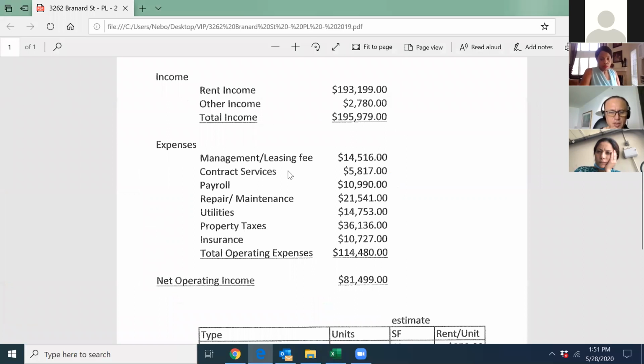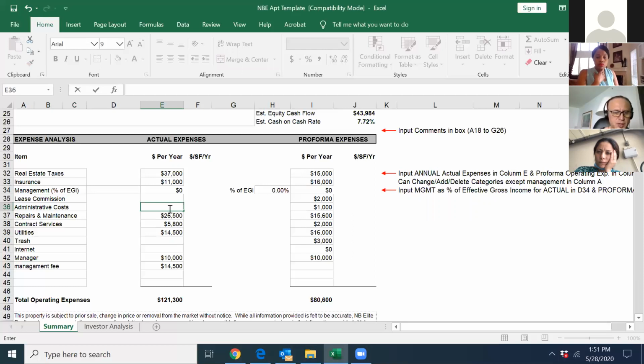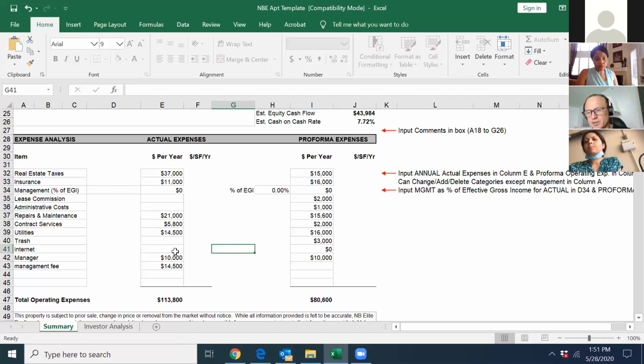Repairs and maintenance, 21,000. So these are their expenses. Again, you have to be an expert. You have to learn to know: are these realistic expenses? In my opinion, they were. Now, in the pro forma corner here, you know the business, you know the area. You have to know what the true expenses are to see if it's good for you to buy.